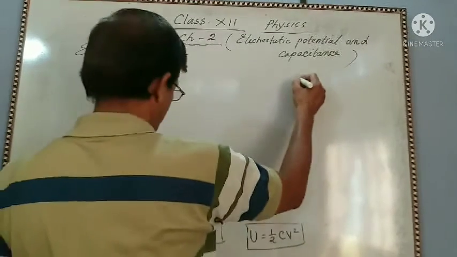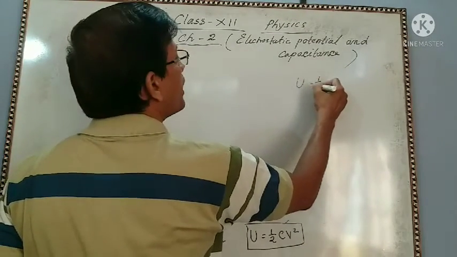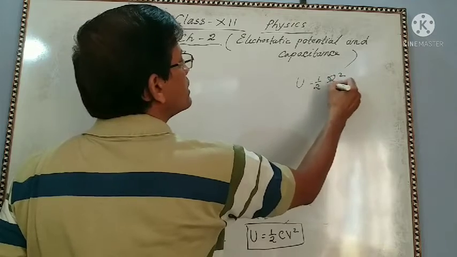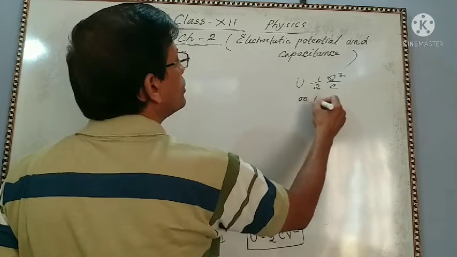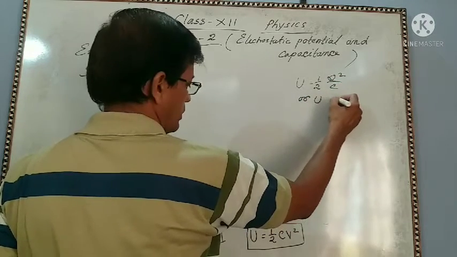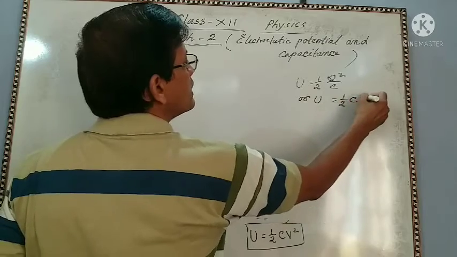What we have got is U equal to half Q square by C or U equal to half CV square.